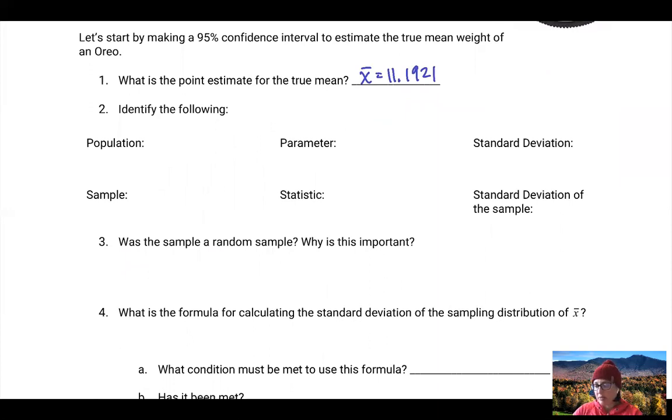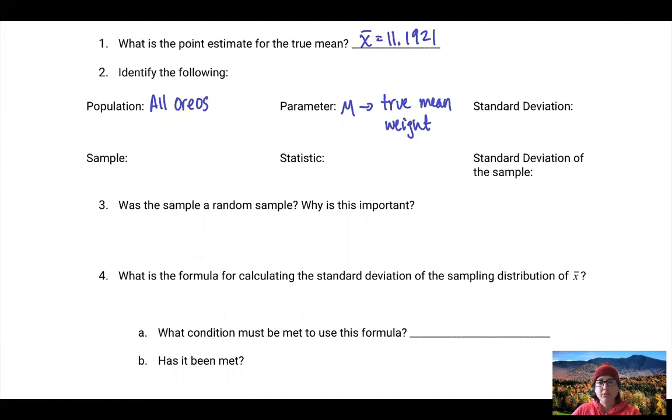And then just for some good practice, let's identify the following. So the population, really we want to test this and generalize it to all Oreos. The parameter that we would use to do this, if we knew the true mean of all the Oreos in the world, we would call that mu. So that would be the true mean weight. And if we actually knew what that was, we could calculate the true standard deviation and we would call that sigma.